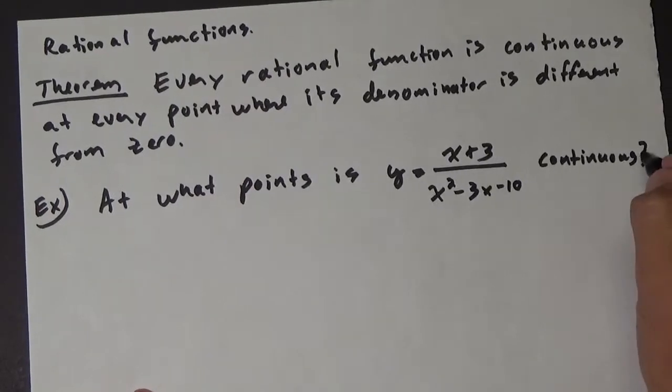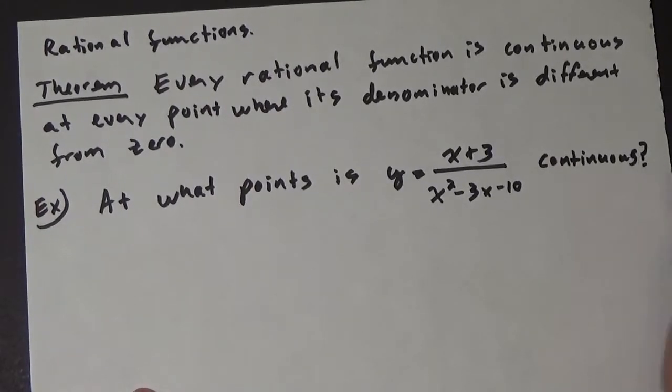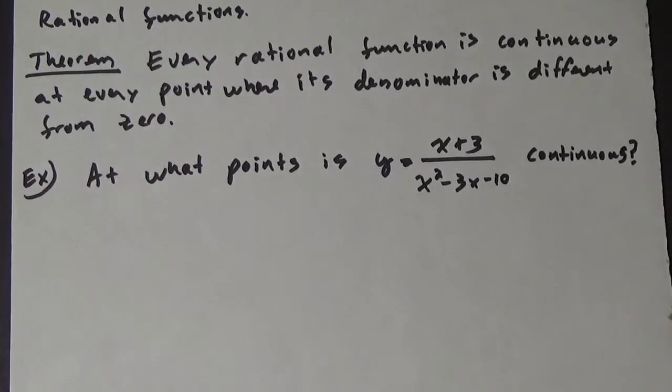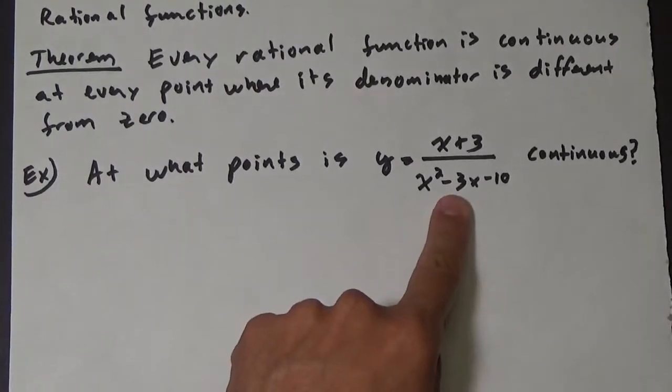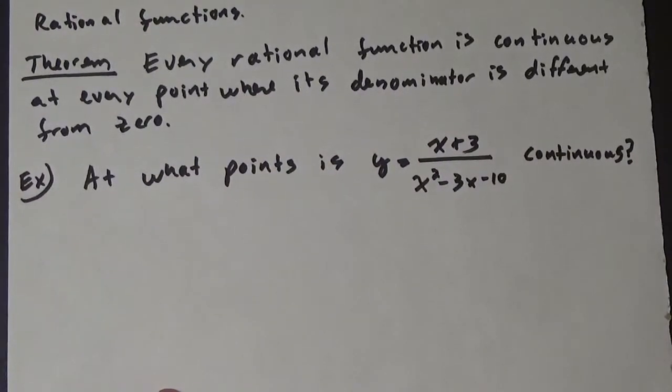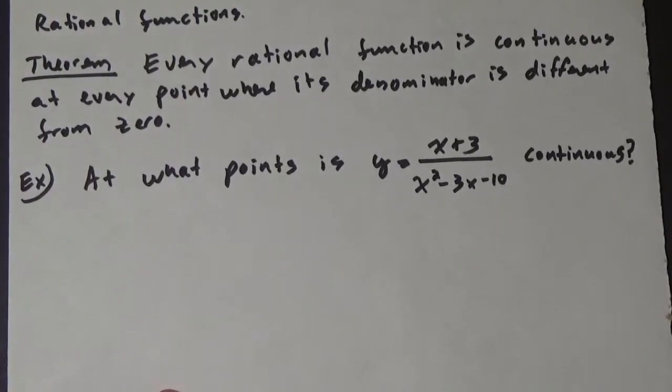Alright, so here is our rational function. We have a polynomial in the numerator, polynomial in the denominator. And polynomials are continuous everywhere, based on how they act.